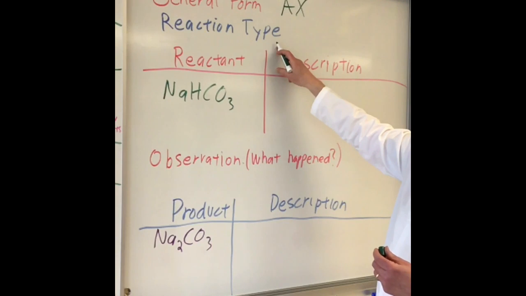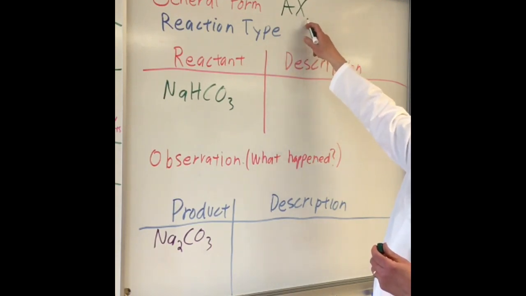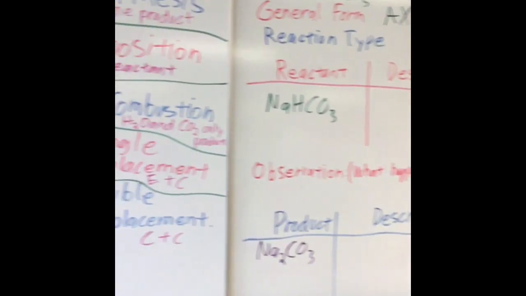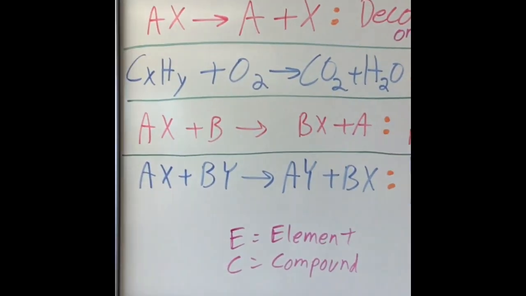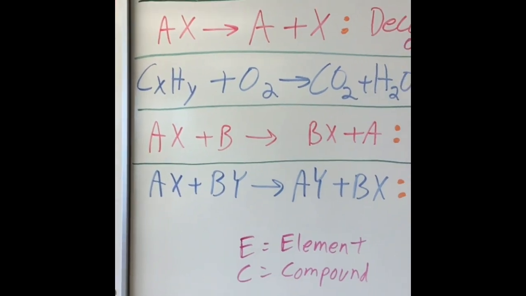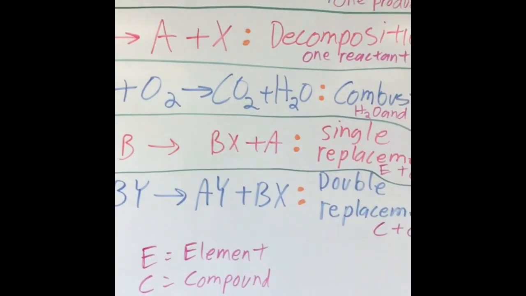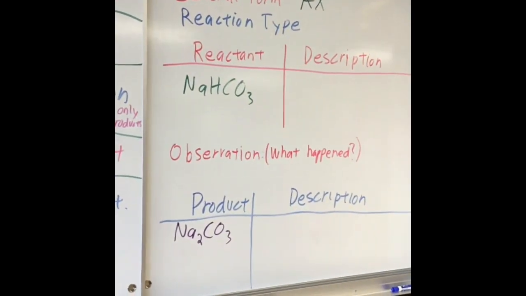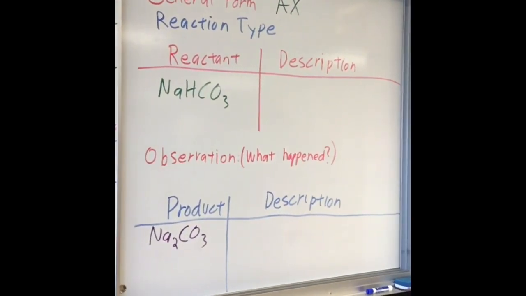The reaction type is based off of that one reactant. We just saw on our previous thing on the whiteboard that one reactant, AX, reacts to form, is a decomposition reaction. So that is what we have. We have a decomposition reaction.